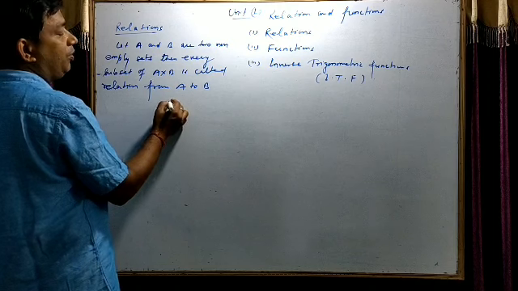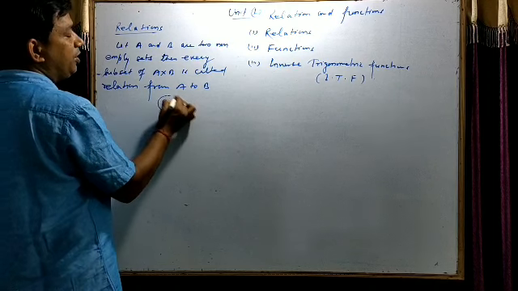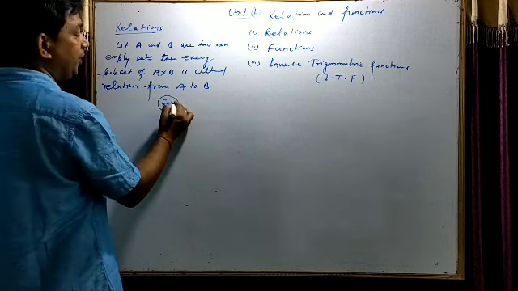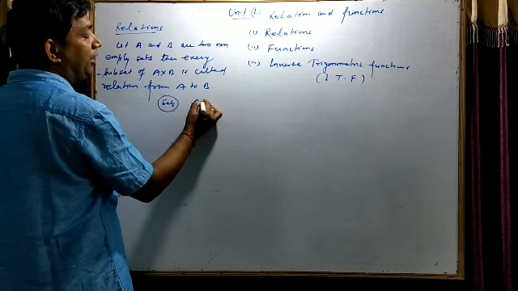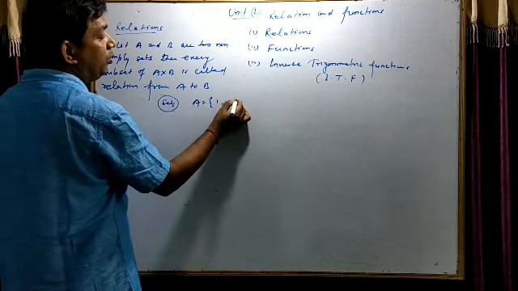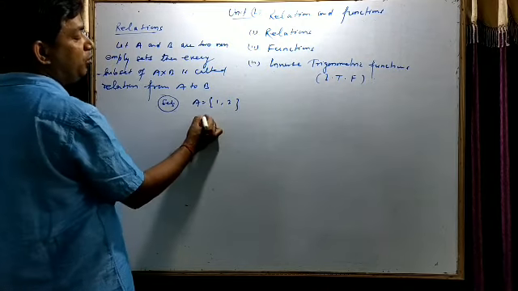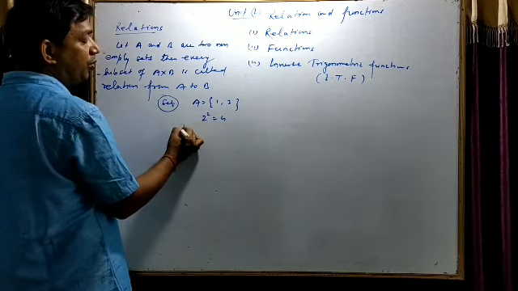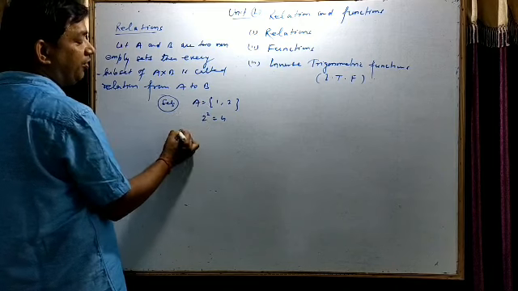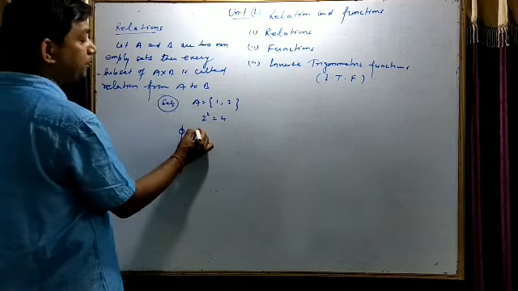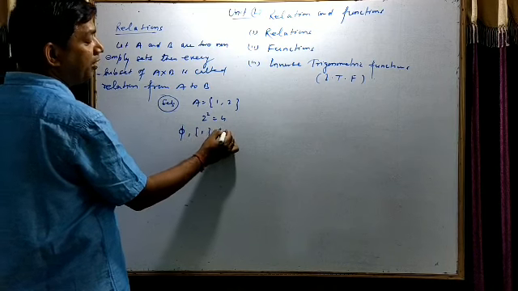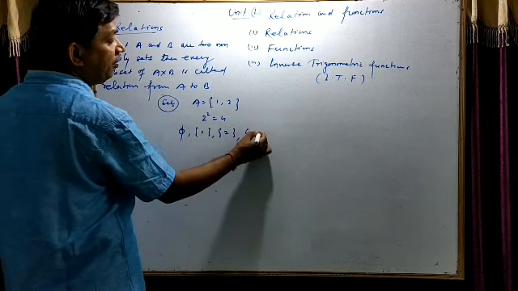First of all, set. Set means a well-defined collection is called set. After knowing the sets, possible subsets: suppose a set containing two elements, 1 and 2. Possible subsets are 2 to the power 2, that is 4. Empty set is a subset of every set. Second, two singleton sets and the set itself.